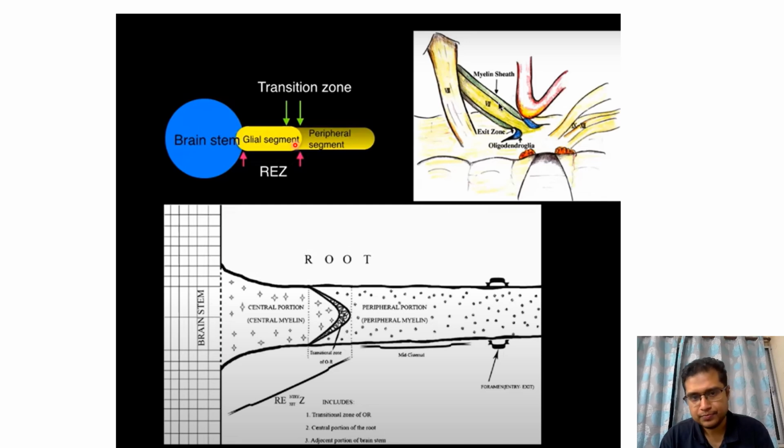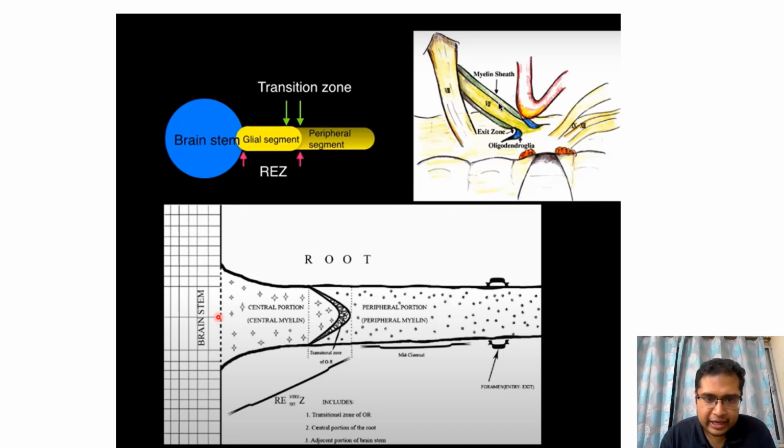Hence schwannomas of the cranial nerves cannot occur before this transition zone. They'll occur only after it. Secondly, this transition zone is a very sensitive area, is what we have to remember. Any vascular contact within this area will lead to symptoms.